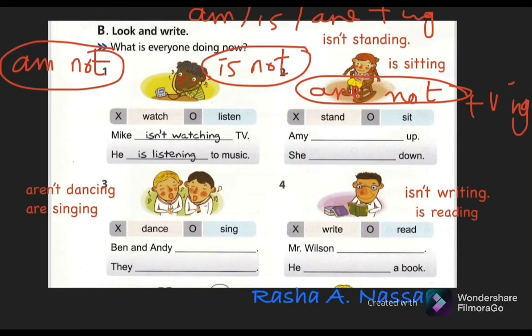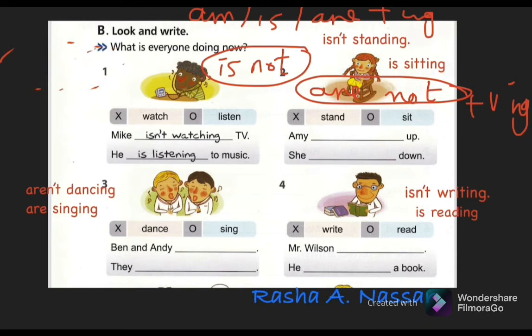So the present continuous tense consists of am or is or are plus verb plus ing. This is in the affirmative sentences. But when I want to say that something is not happening now, I'm using am not or is not or are not plus verb plus ing.